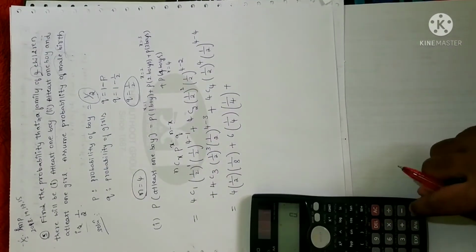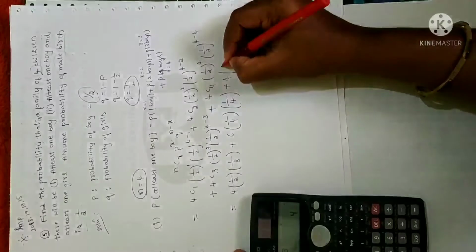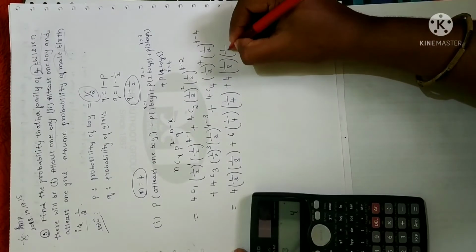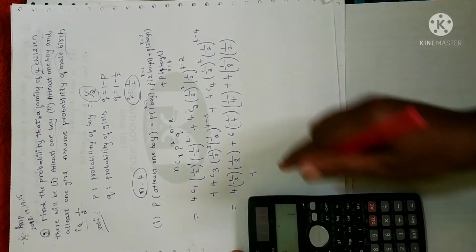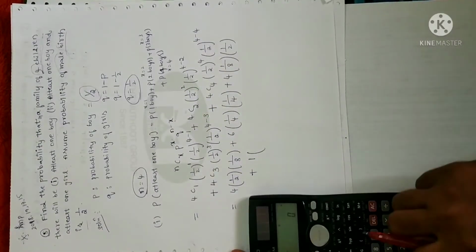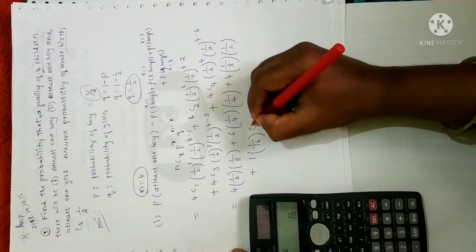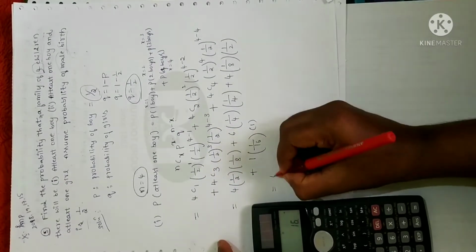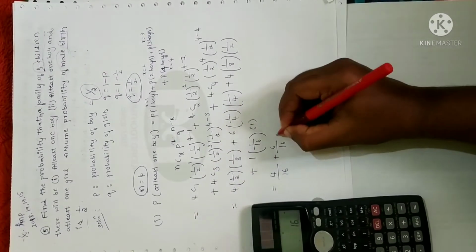Plus 4C3 is 4, into 1 by 8, and 4 minus 3 is 1, so you get 1 by 2 as it is. Plus 4C4 is 1, into 1 by 2 power of 4, so 1 by 16, and 4 minus 4 is 0, anything power 0 is 1.